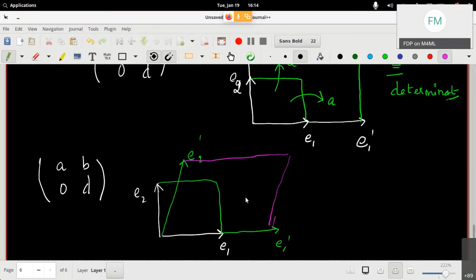Okay. So now you could verify that this is A, this is B, but you get the same area, AD, right?